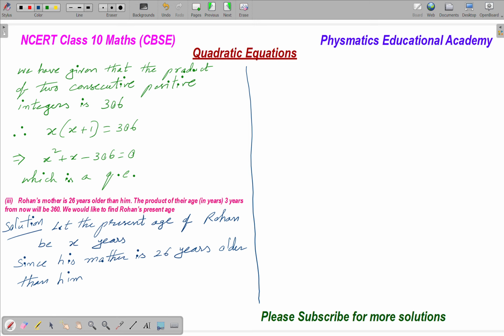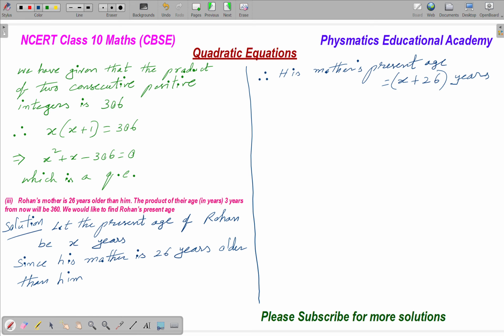So now let us write Rohan's mother's present age, equal to x plus 26, because his mother is 26 years older than Rohan.